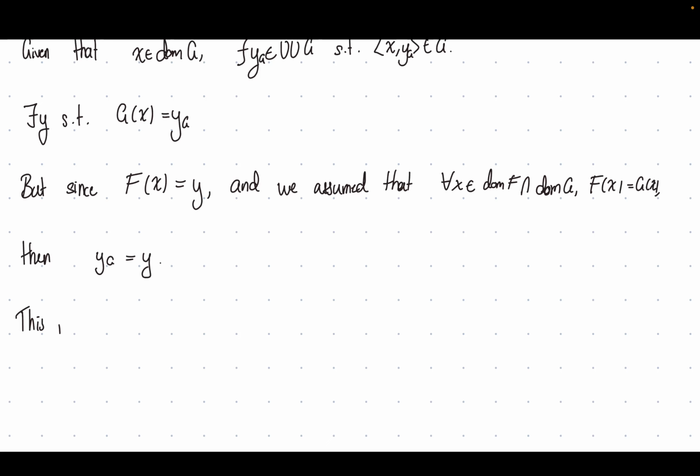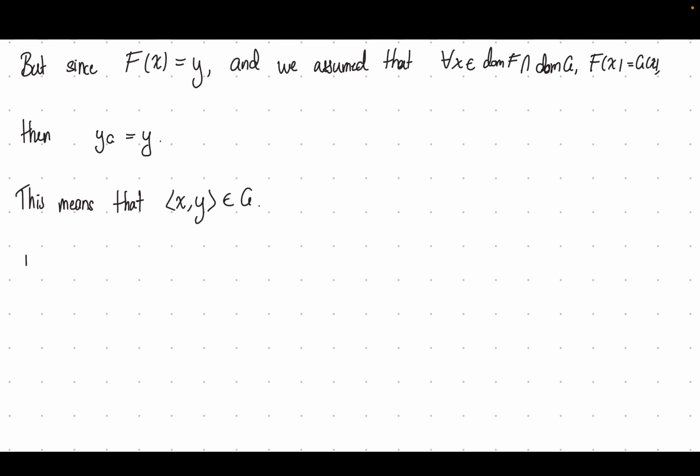This means that x comma y, our original x comma y, has to be in our function g. Therefore, f must be a subset of g.